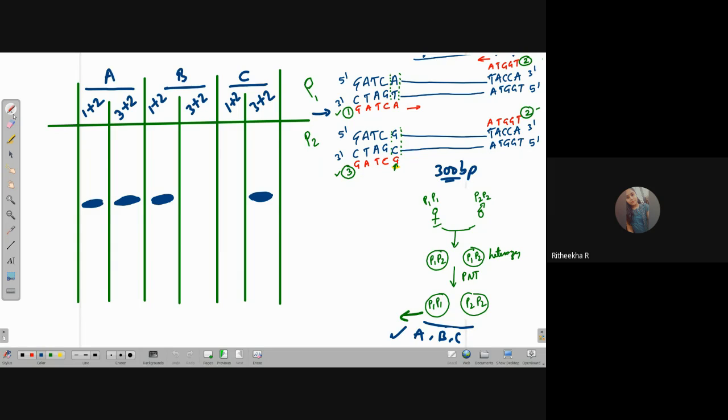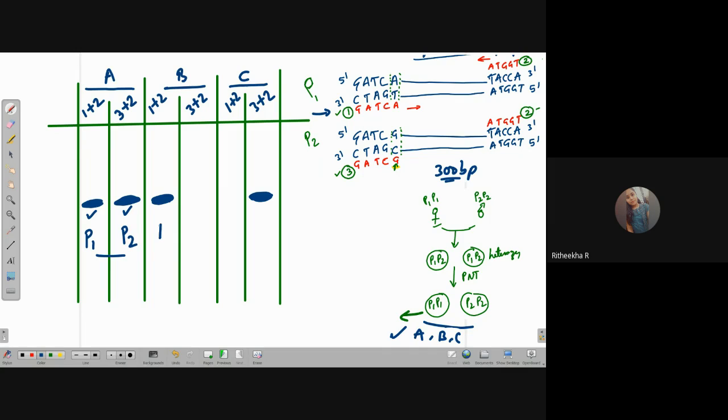Yeah. That's right. So if there is a product here, that means what allele is present? It would mean P1 is present. That's right. If there is a product here with primer 3 and 2, what would that mean? P2 is present. So this is heterozygous. What about B?